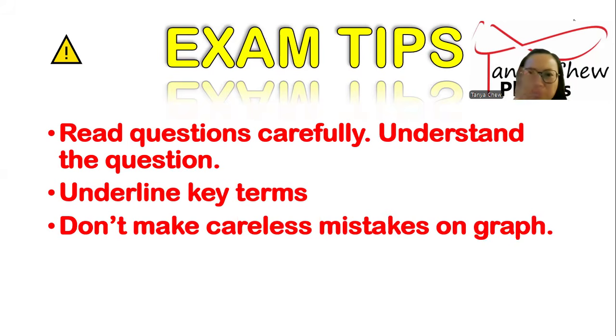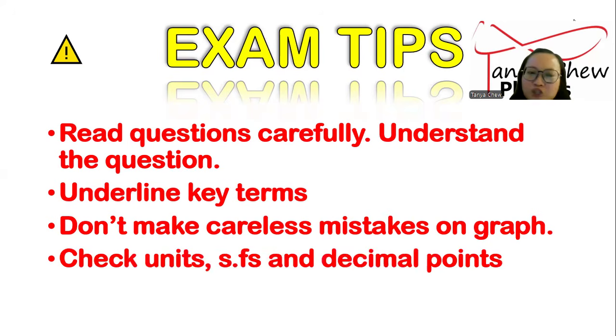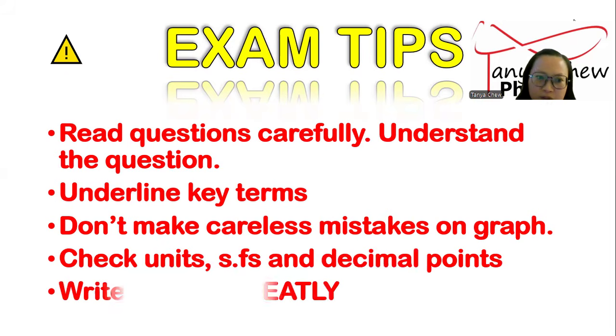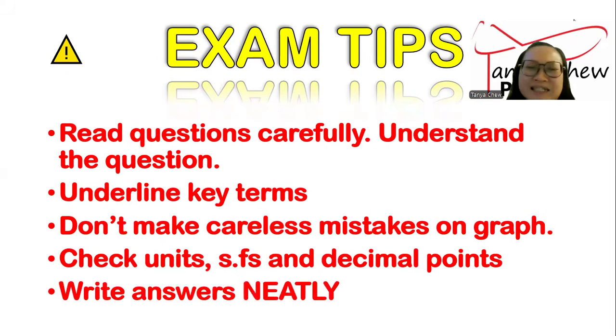Make sure that all the points are plotted correctly and accurately. And check for the units, for the significant figures, as well as decimal points. Write your answer as neatly as possible. And that is all for your final boost of your IGCSE Physics paper 6, right?